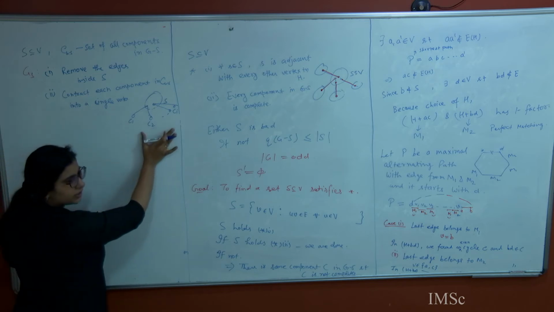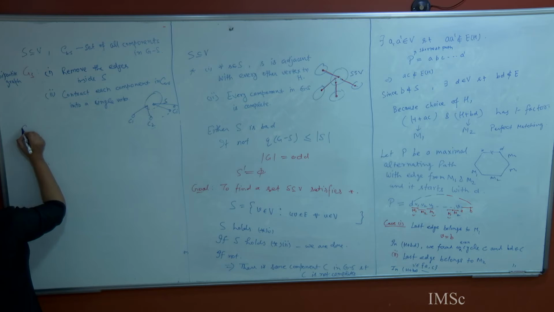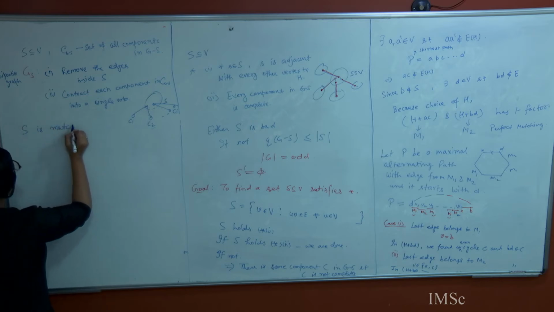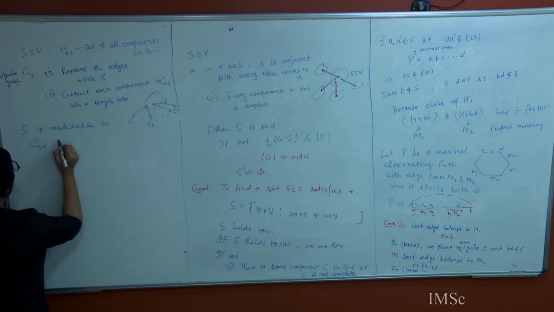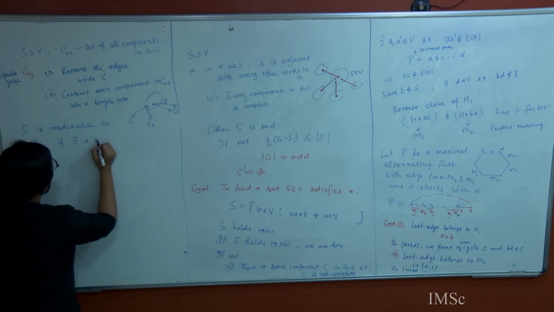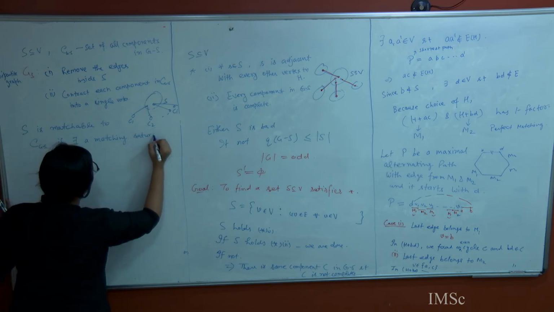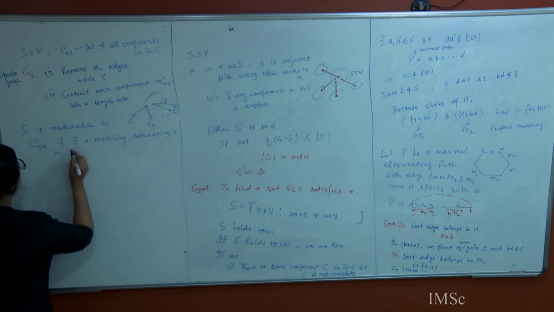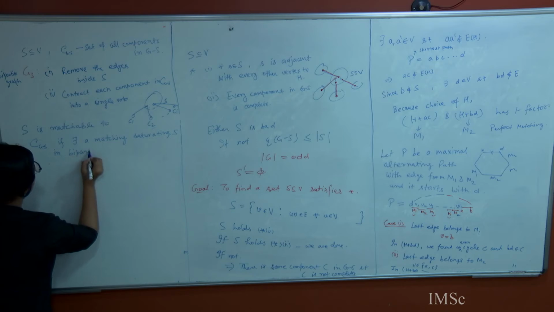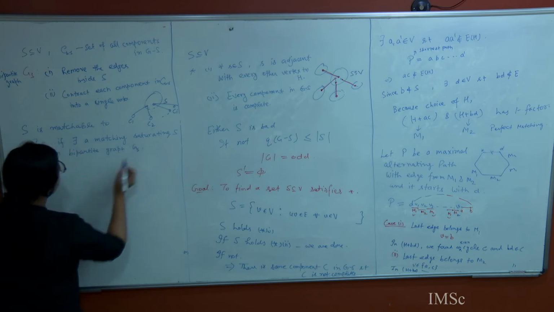So GS is a bipartite graph, and S is matchable to CG minus S if there exists a matching saturating S in the bipartite graph GS.